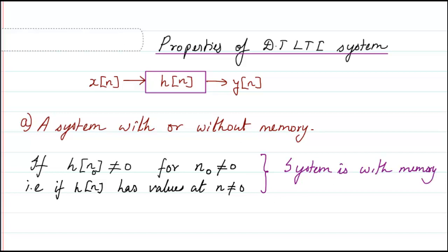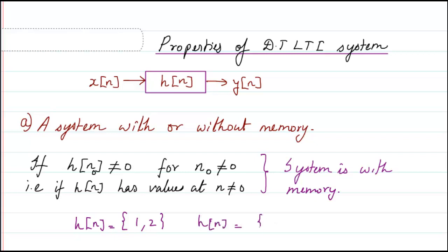That means if you have a system whose h of n is given by, let's say, 1 comma 2, or let's say h of n is equal to 4 comma 3 comma 1 with the arrow at the first one, since we have not drawn any arrow, automatically the arrow will be for the first one.